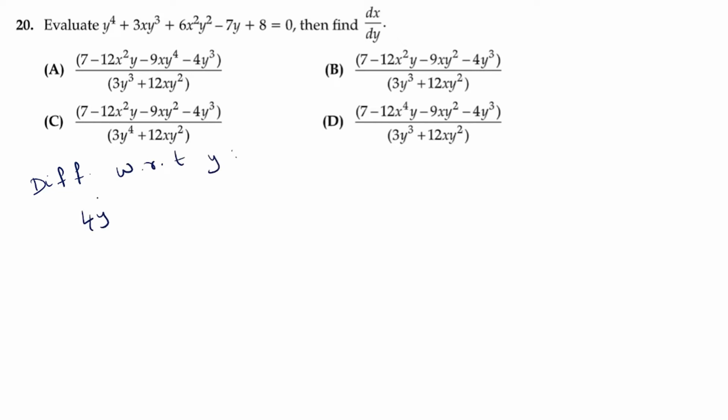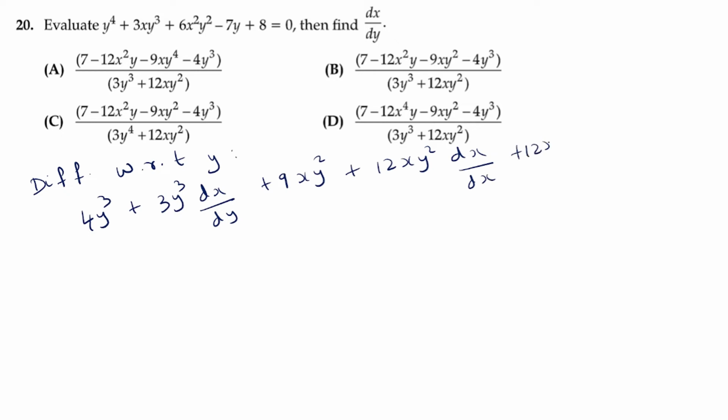We get 4y cube plus 3y cube dx by dy plus 9xy square plus 12xy square dx by dy plus 12x square y minus 7, and this is equal to 0.